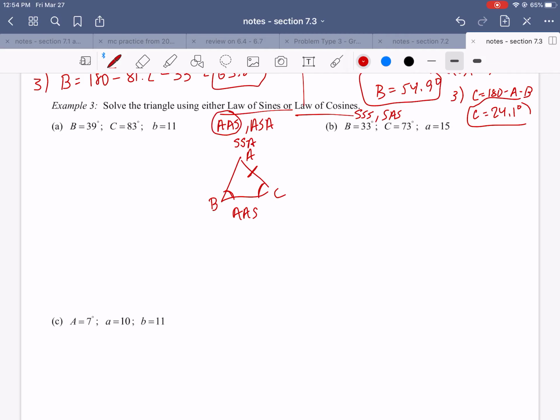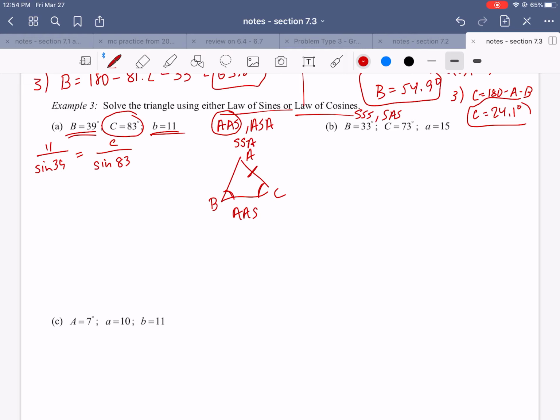Remember from previous notes, in order to use law of sines, I have to have a ratio. Well, if you look here, I've got the b ratio. So the first thing I'm going to do is set up that b ratio, which is 11 over the sine of 39. And in this case, I'm going to set it equal to the c ratio because I was given angle C. So c divided by the sine of 83 degrees.